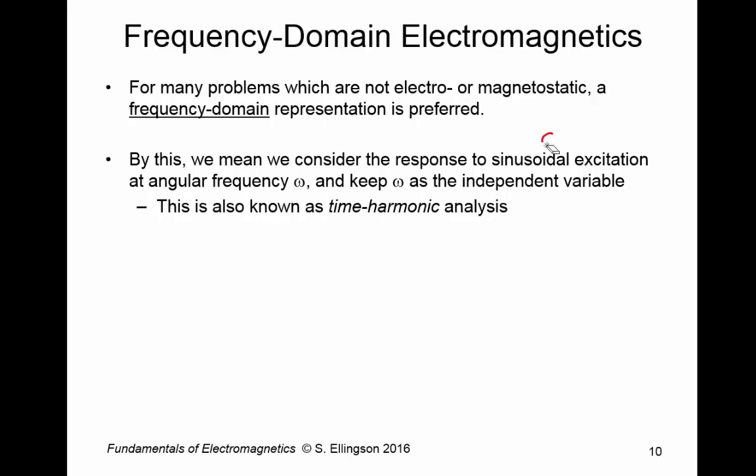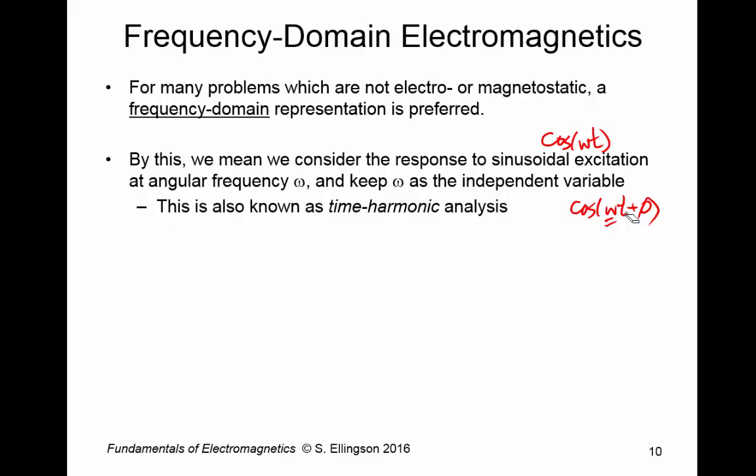So we assume that whatever source we have, it has contained within its mathematical description a factor that looks like cosine omega t or cosine omega t plus phi, just to be more general. And we keep omega as an independent variable. All right, so we do the analysis assuming a sinusoidal source that has that form, and then we keep omega general, and then we find out what happens.